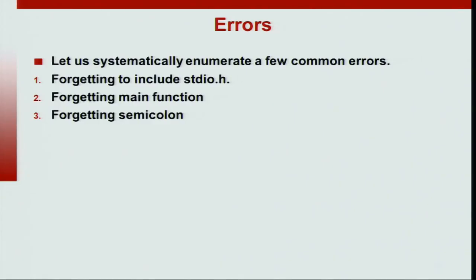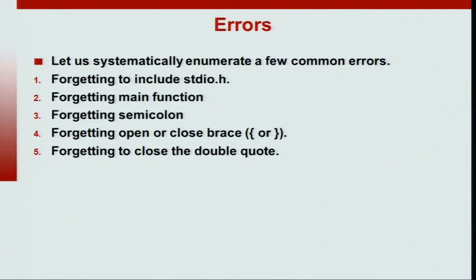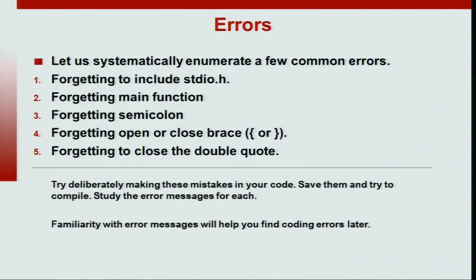You could forget to include the semicolon in the statement. You could forget to include the curly braces in main, or forget to open or close the double quote in the printf statement. So, these are a few errors that you could make even in a simple code like what we have seen. We have only 3 lines, but they could also have errors.